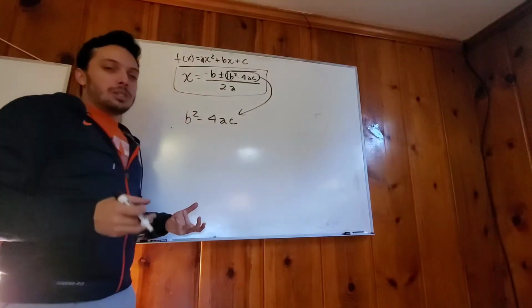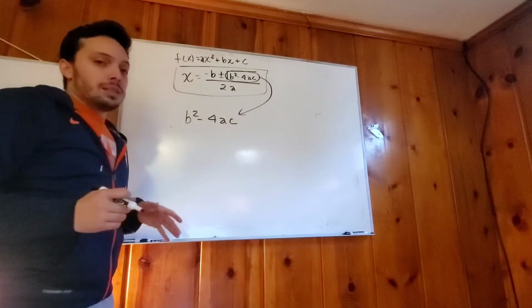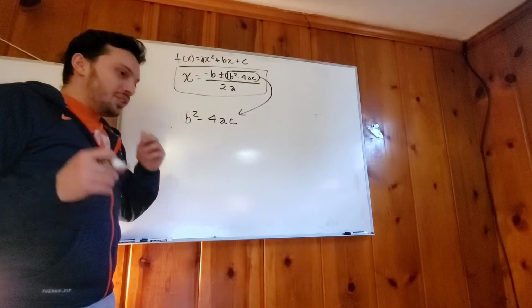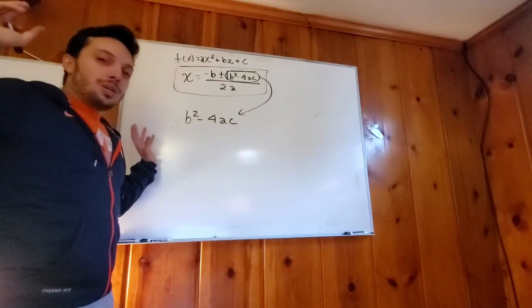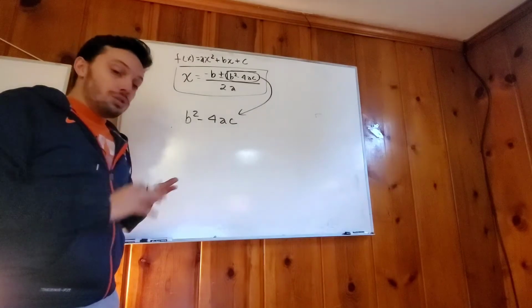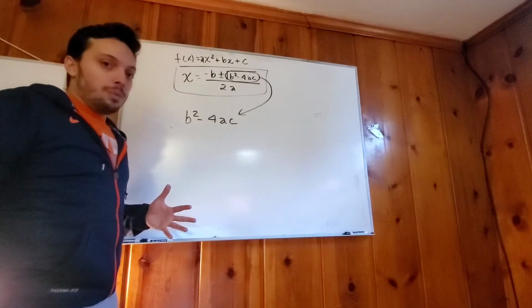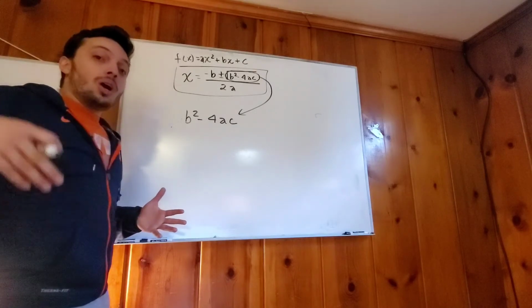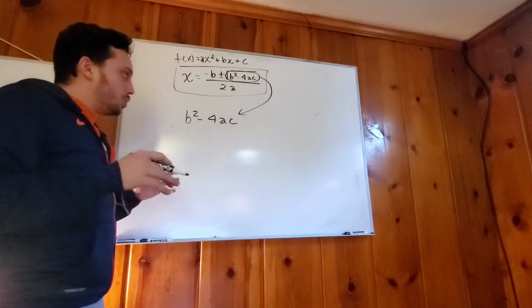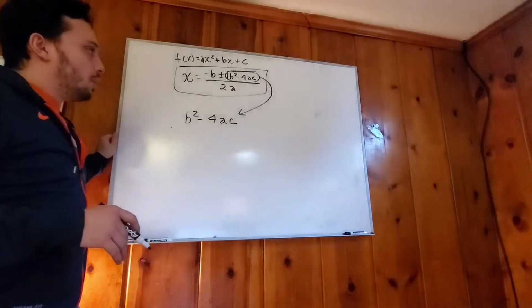The reason the discriminant is important is because it can tell us several things. You don't have to do everything else in the problem if you already know whether you're looking for one solution, two solutions, or no real solutions. They're called non-real solutions when there's no solution for a quadratic function.